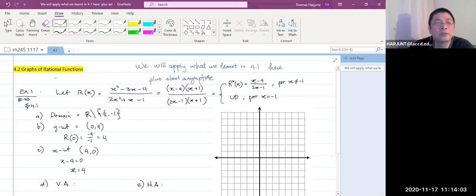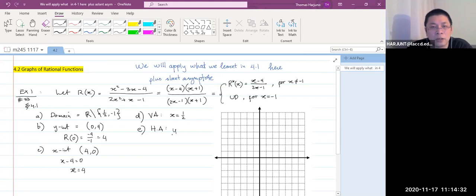Vertical asymptote: we look at the denominator of the simplified form. That's x equals 1/2. And then horizontal asymptote: because they have the same degree on the numerator and denominator, the horizontal asymptote will be the leading coefficient over the leading coefficient.